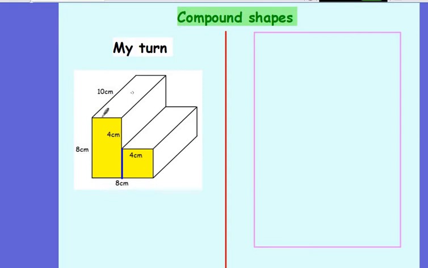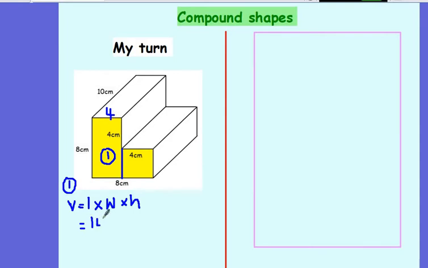So to work out the volume of the bigger one, I need to do length times width times height of this one, which I'm going to call 1. For this one, the length is 10, the width is just half of 8, so it's 4, and the height is 8.